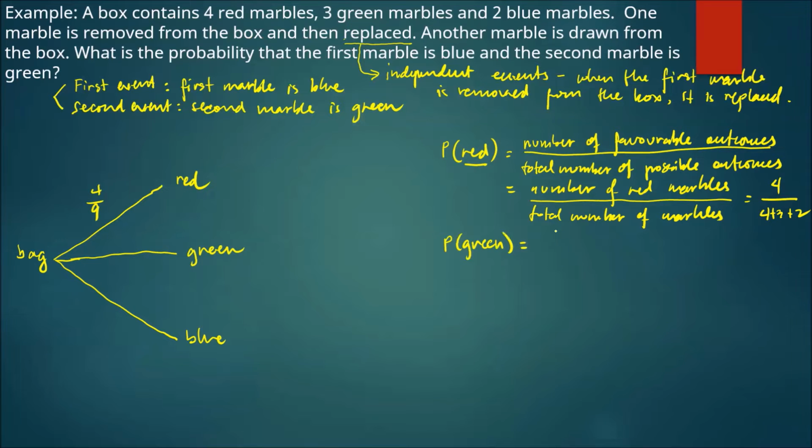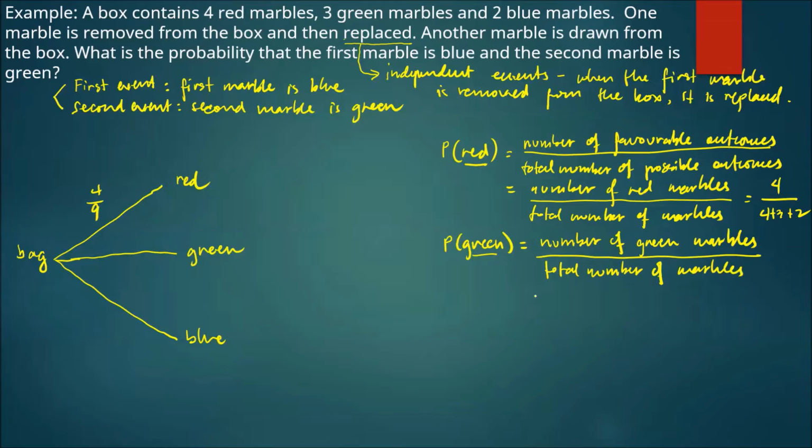Since we're talking about green, we need to know the number of green marbles all over the total number of marbles. So, how many green marbles are there? There are 3, over the total number of marbles, 9. So therefore, the probability of getting a green marble is 3 over 9.